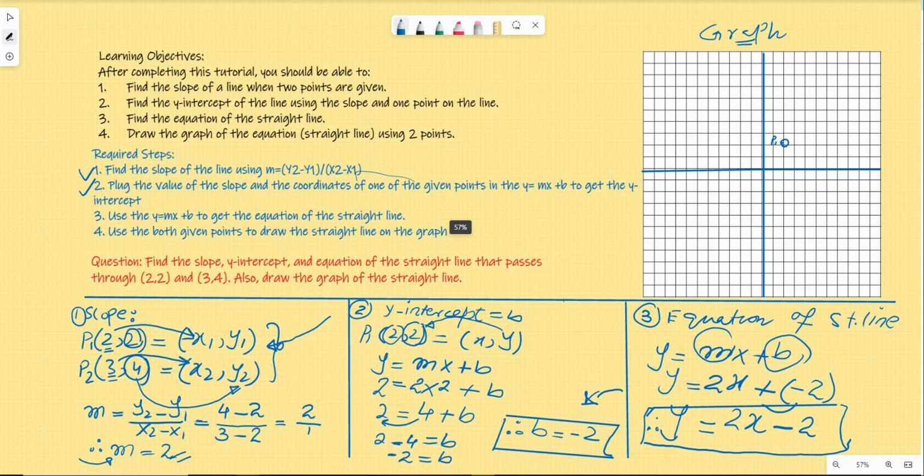The second point is (3, 4). x is positive 3, so 1, 2, 3, and y is positive 4, so 1, 2, 3, 4. This is our second point, P2.